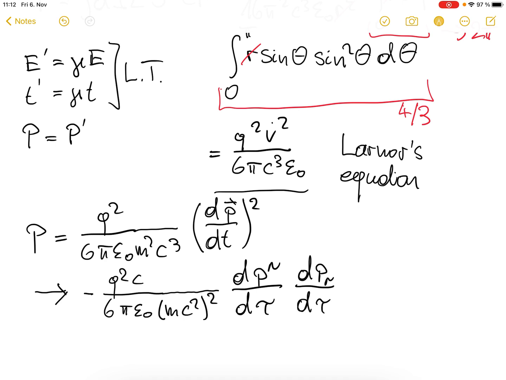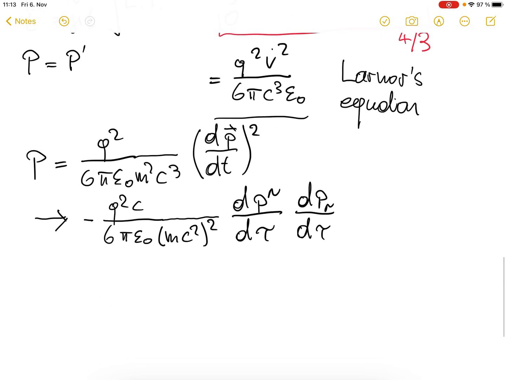So the bottom line is the covariant form of the top line, and the minus sign appearing here is explained by the minus that we pick up in the contraction of the Lorentz indices in this Lorentz invariant product.